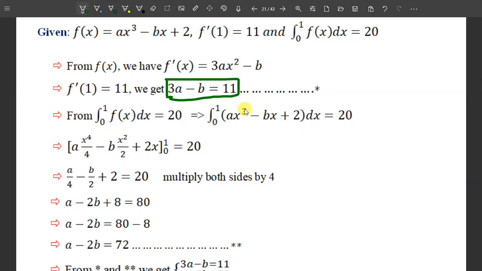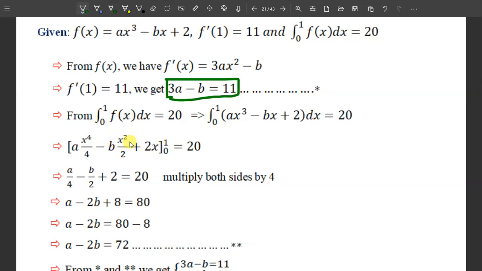Here x cubed, after the integration, becomes x to the power of 4 over 4. And here this x, after the integration, becomes x squared over 2. And since this is a constant number, its antiderivative is going to be 2x. Then evaluate this expression from 0 up to 1.